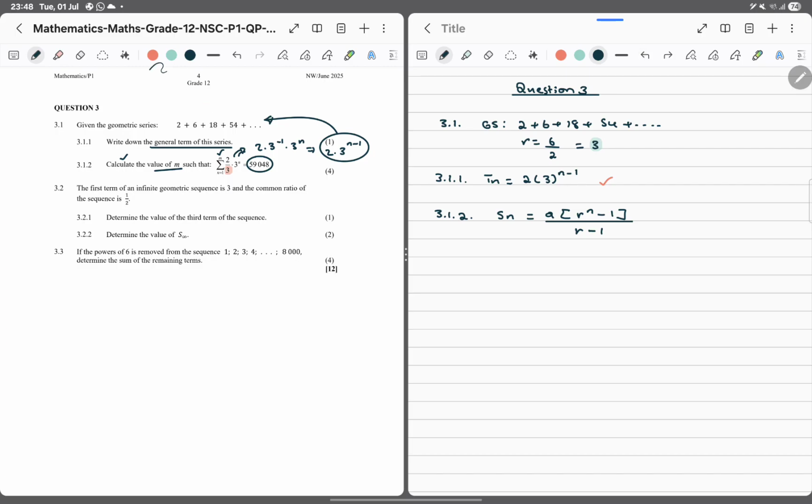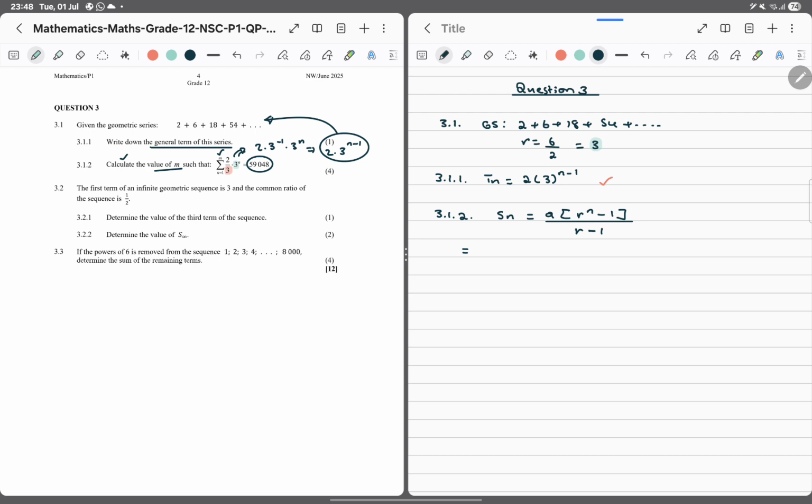Okay? At the same time, just always remember that the base of that power is always going to be r. But be very careful.